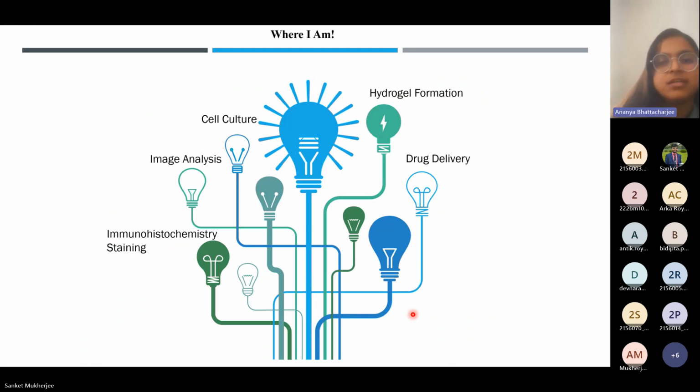So what I am doing currently, the facets where I'm working right now include cell culture, image analysis, immunohistochemistry staining, hydrogel formation, and drug delivery. I still have my courses going on, so I'm not doing research as part of my course yet, but I am doing a mandatory internship right now, and I am also working here part time as a work student.